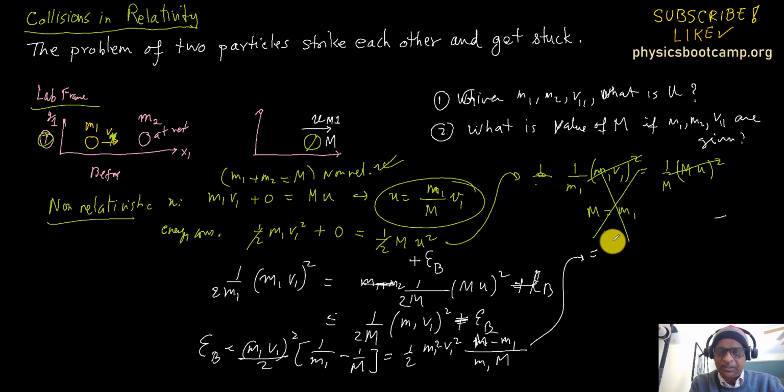So you just get half M1 V1 squared times M2 over M1 times M1 plus M2.